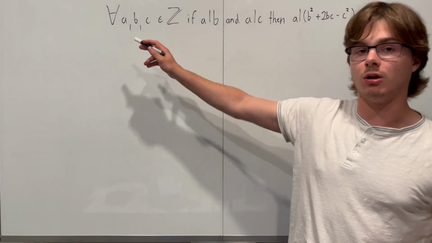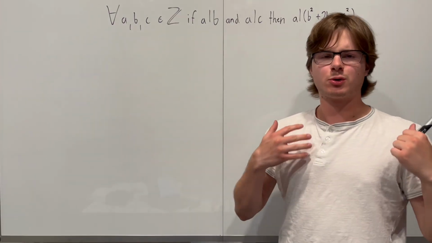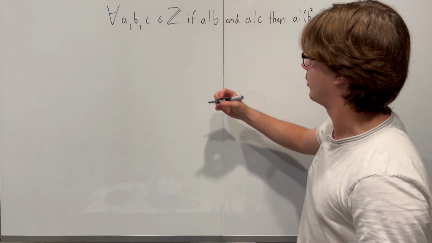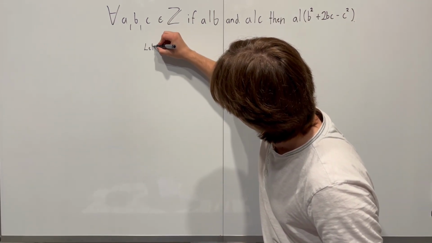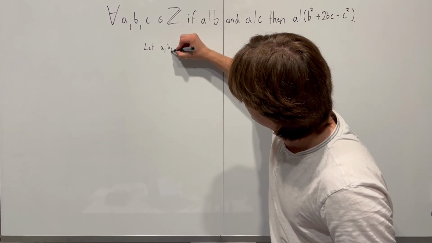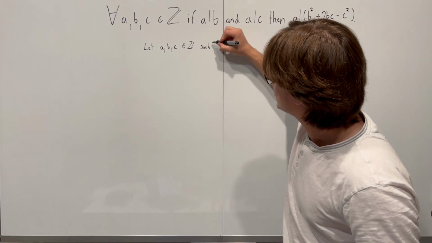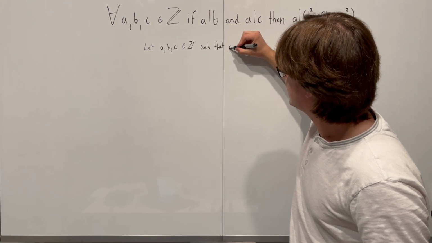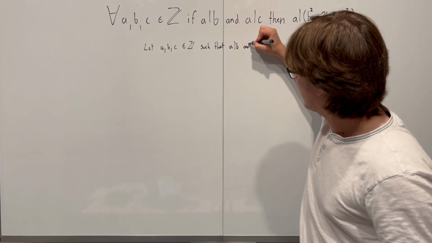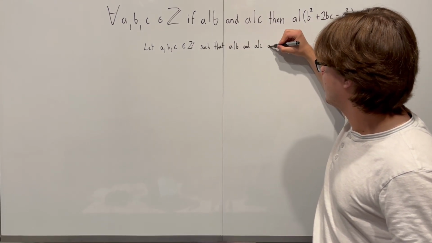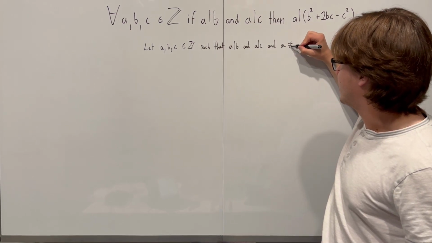So this is a for all statement, which means that we prove it by starting with the word let. What do we let? We let a, b, and c be integers such that a divides b and a divides c, and a cannot be 0.